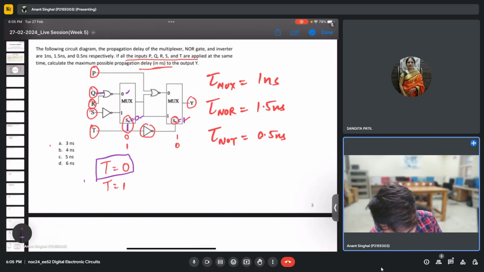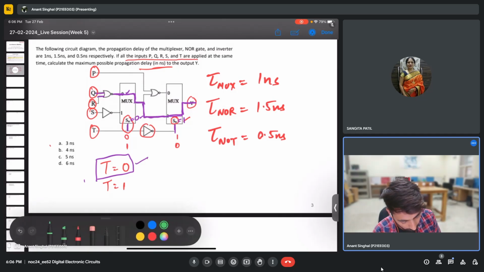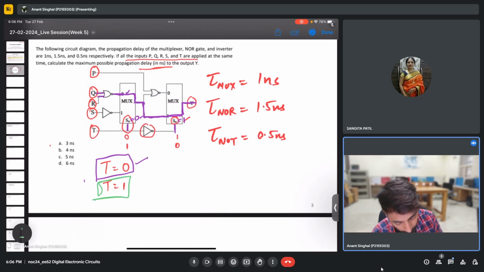These are applied at the same instant, so the path will be followed by this mux and the output will go for 0. Since this select line is 1 now, it will go to the 1 part and ultimately reach Y. So the purple ink is showing you the path which will be followed when T equals 0.